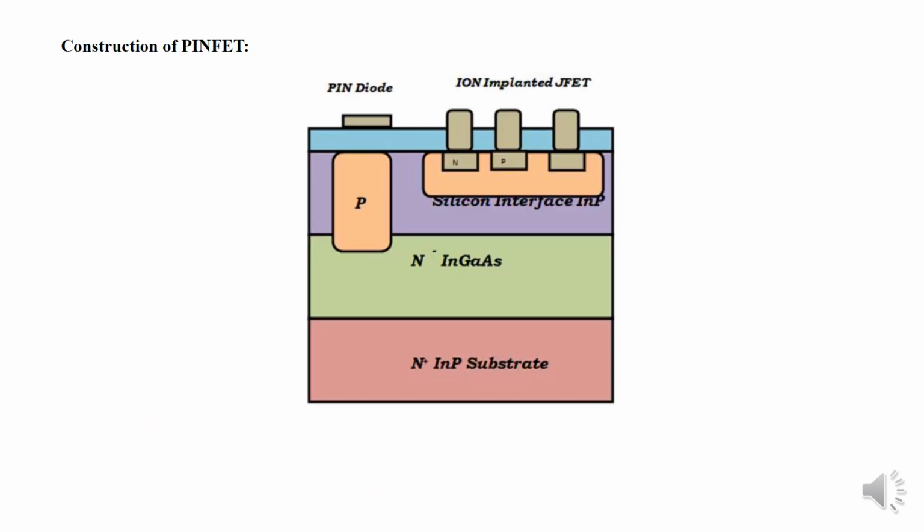This is the construction of PINFET. While we are seeing the construction, it is the combination of a gallium arsenide PIN diode and an indium gallium arsenide FET. The construction includes metal organic chemical vapor deposition. By using this method, the PINFET is fabricated over a semi-insulating InGaAs substrate. Second is chloride vapor phase epitaxy, by which a layer of InGaAs with a low concentration of electrons is grown above the substrate.